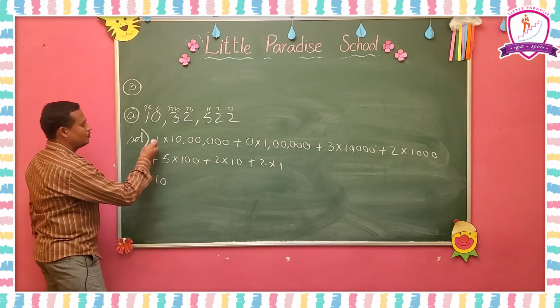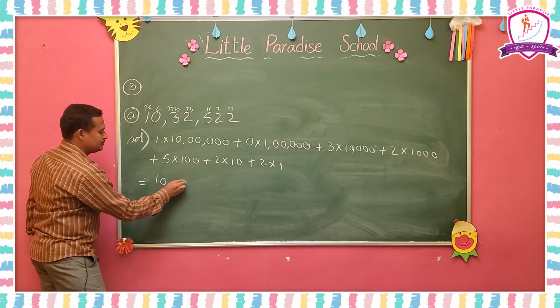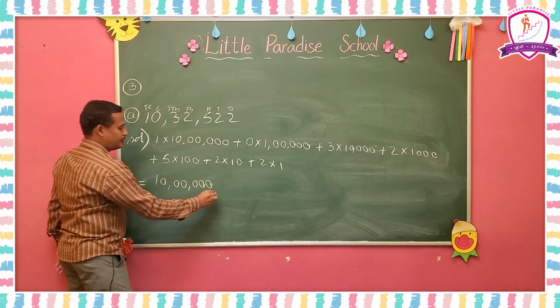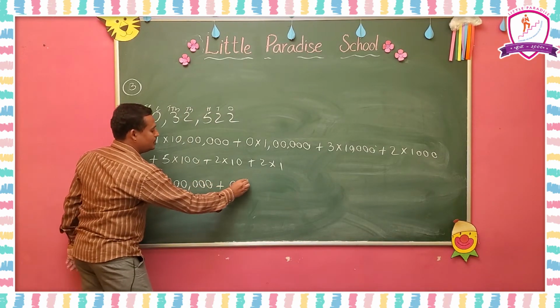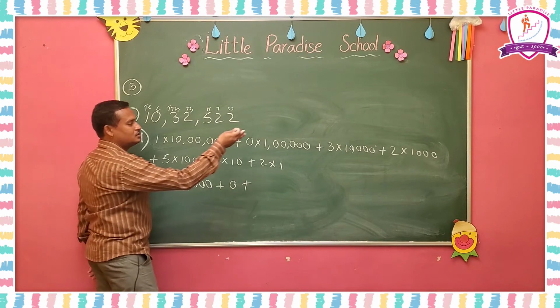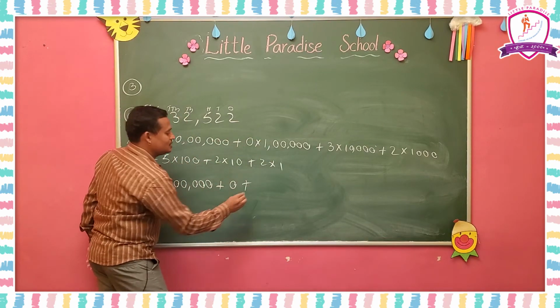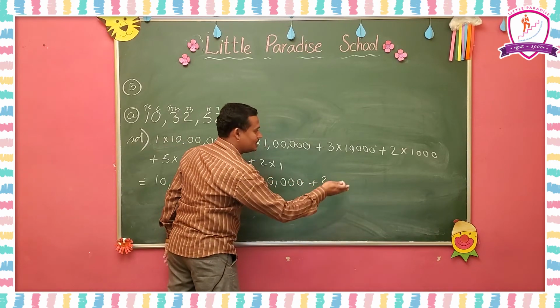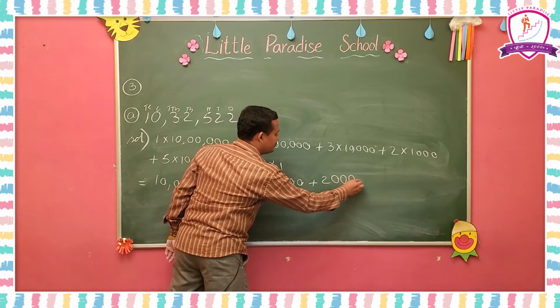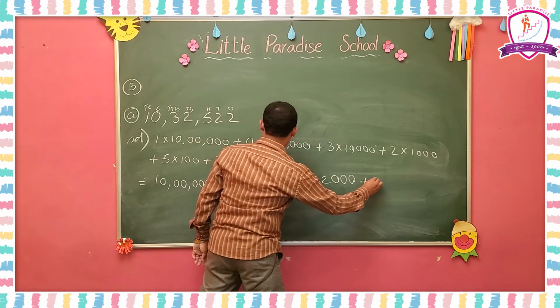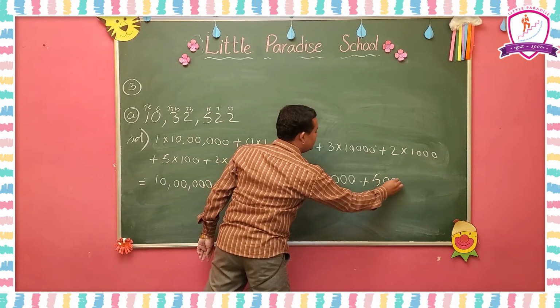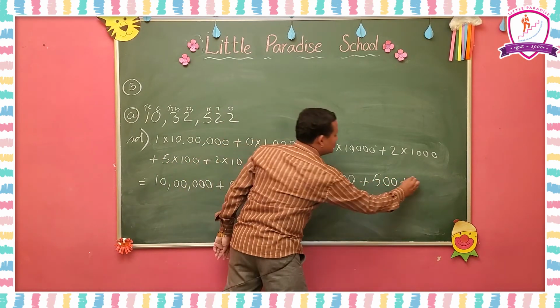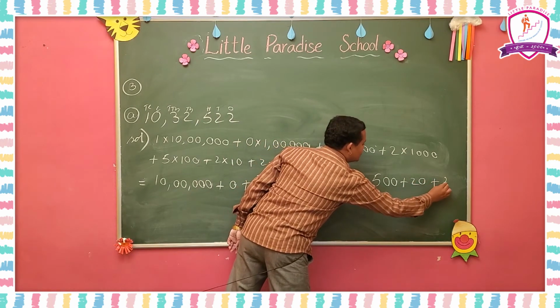So here 1 in 10 lakhs means 10 lakhs plus 0 into any number we will get 0 again. So 3 in 10,000s means 30,000, 2 in thousands means 2,000, 5 in hundreds means 500 plus 2 in tens means 20 plus 2 in ones means 2.